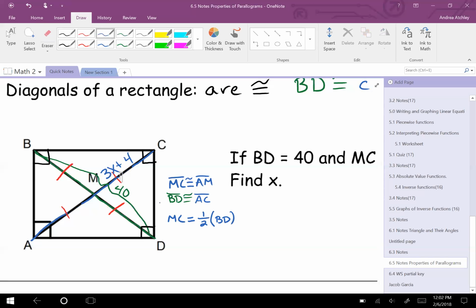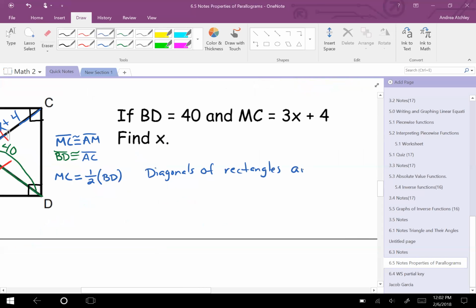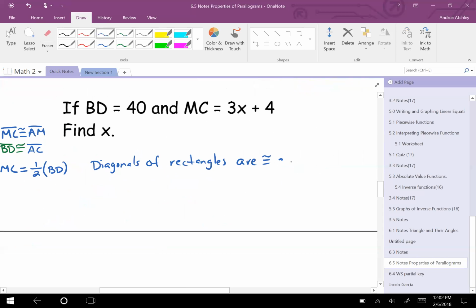And our reasoning is because diagonals of rectangles are congruent and bisect each other.